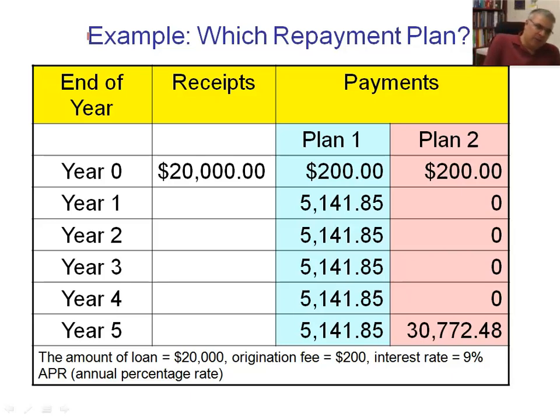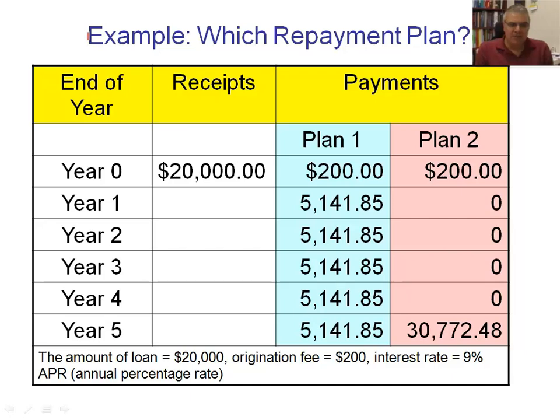One of them, over 5 years, pay $1,141.85 per year, or the other is to pay nothing, and at the end of 5 years, pay $30,772.48. That is $10,772.48 more than the original loan.